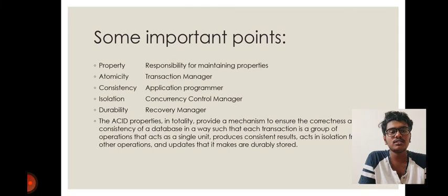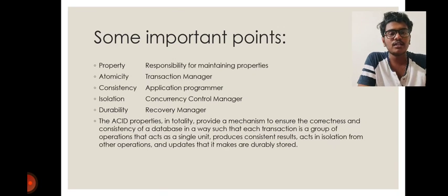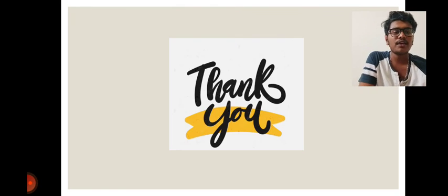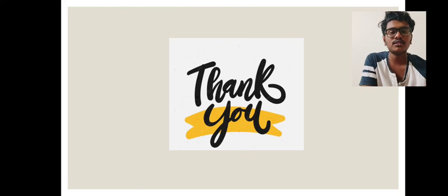The ACID properties in totality provide a mechanism to ensure the correctness and consistency of a database in a way such that each transaction is a group of operations that acts as a single unit, produces consistent results, acts in isolation from other operations, and updates that it makes are durably stored. Thank you. This is about ACID properties in DBMS.